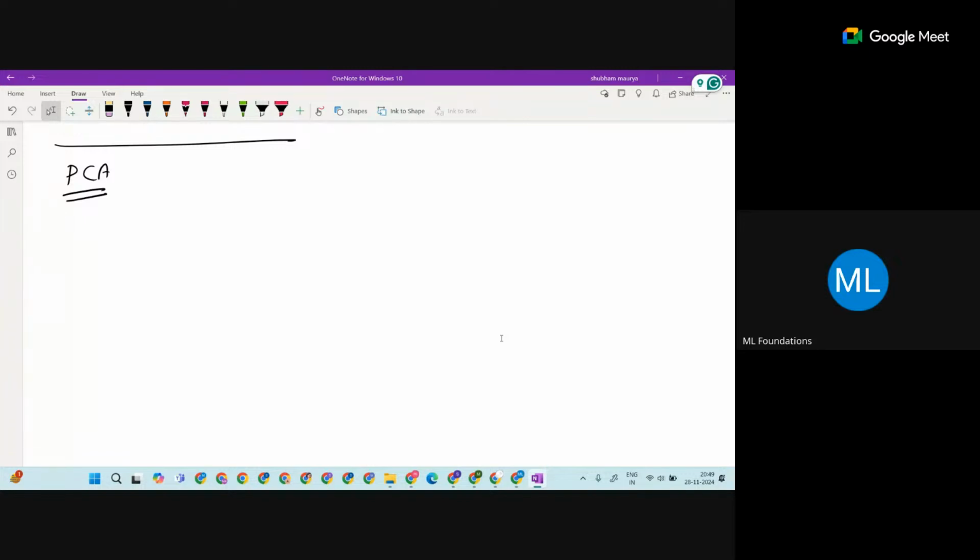There I have discussed 2 problems in the solve with us session, to understand the procedure, why this PCA is needed and how to do PCA. PCA is principal component analysis.